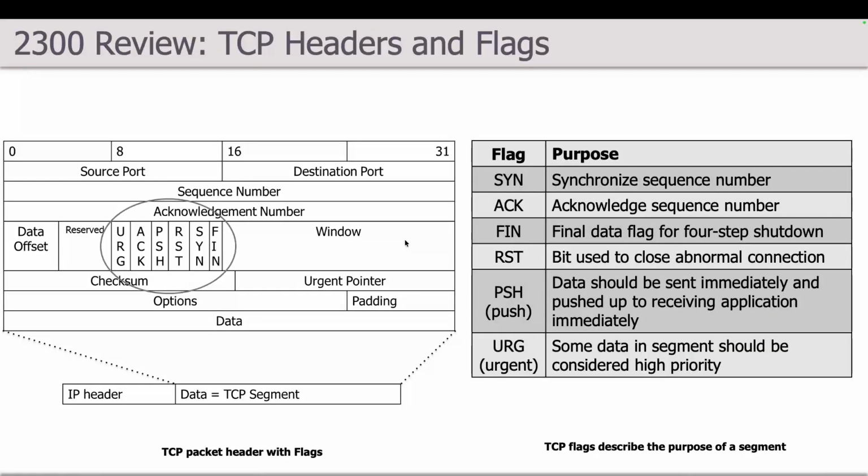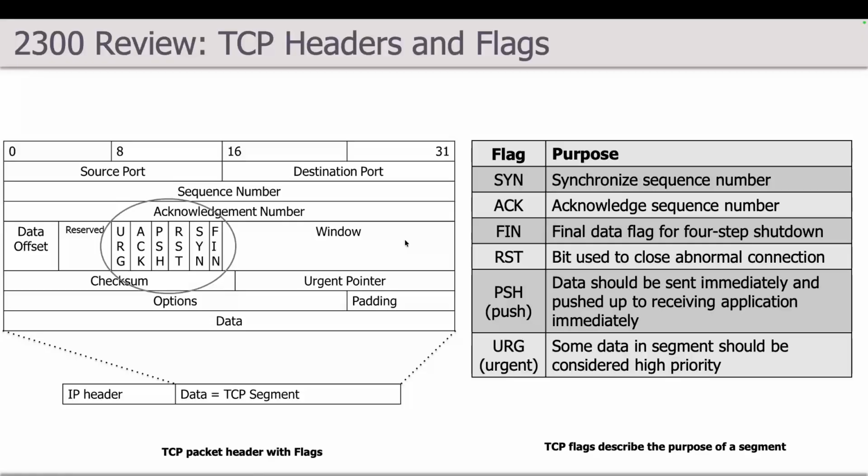High level review, and I mentioned in week one that this would still be pretty important when it came to this topic. Our TCP headers and the various flags that are available here are part of how we establish that connection. So there's the data, there's whatever IP traffic we're passing alongside our TCP header, but specifically there are those flags that indicate the purpose of the particular segment that's being sent.